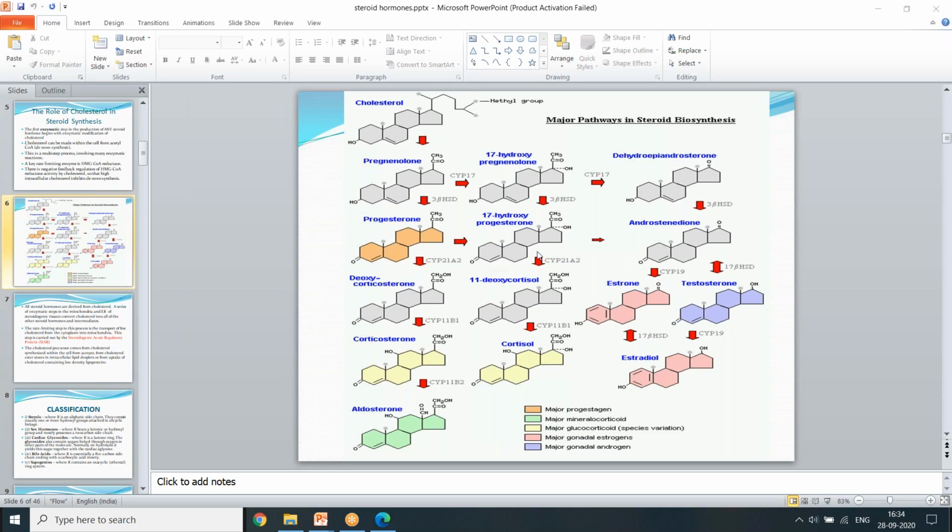From 17 alpha hydroxyprogesterone, you will get 11 deoxycortisol, and from both of them respectively, you will get corticosterone and cortisol, both of which are glucocorticoids. And amongst these, corticosterone can convert itself to a mineralocorticoid, aldosterone.